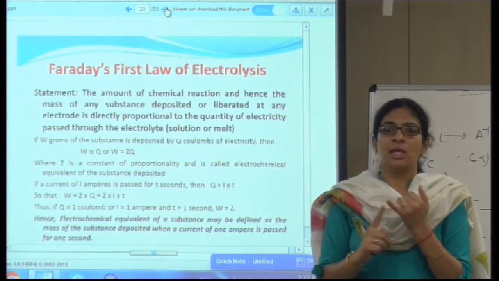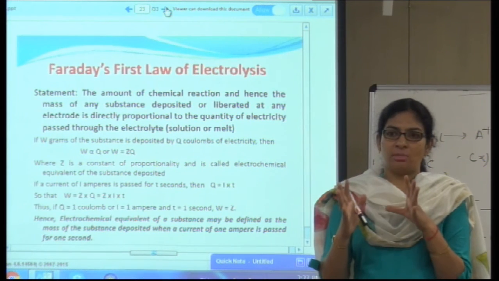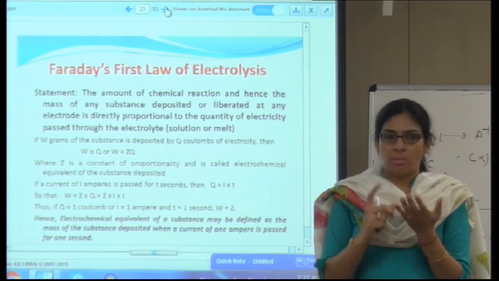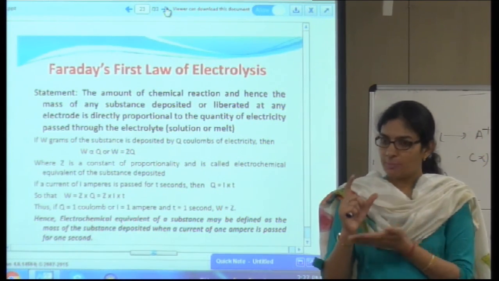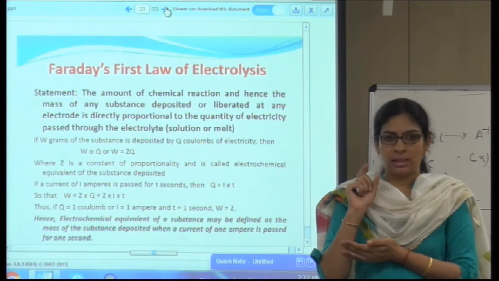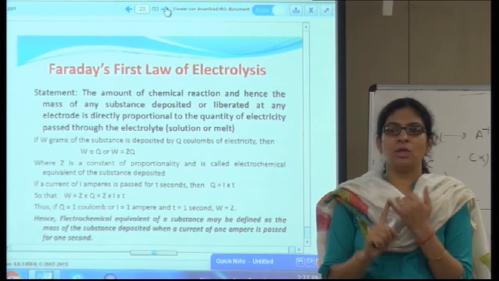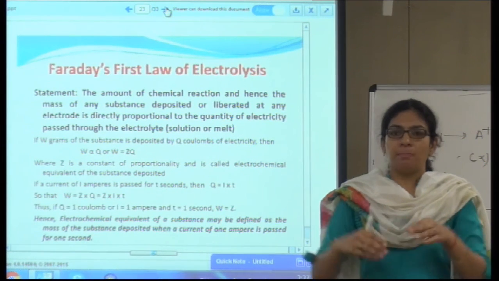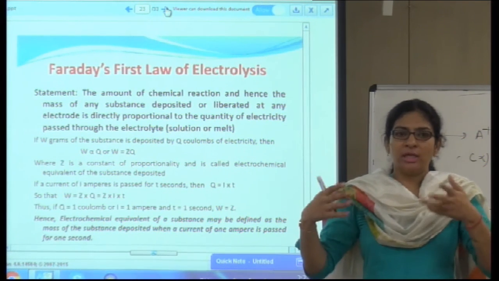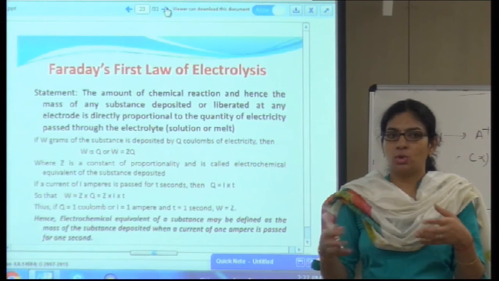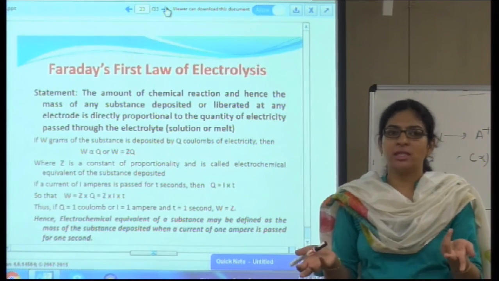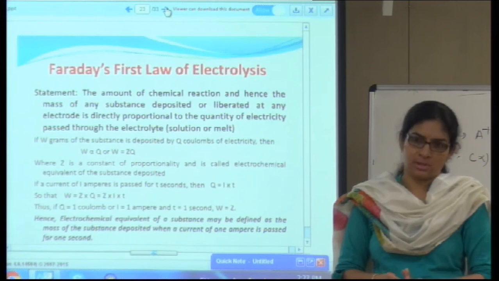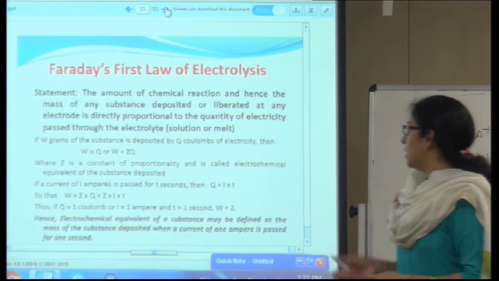So electrochemical equivalent can be defined as the amount of substance deposited at any electrode when 1 ampere of current is passed for 1 second. Right? If you increase the number of coulombs of charge, obviously there will be more substance deposited. Next slide please.